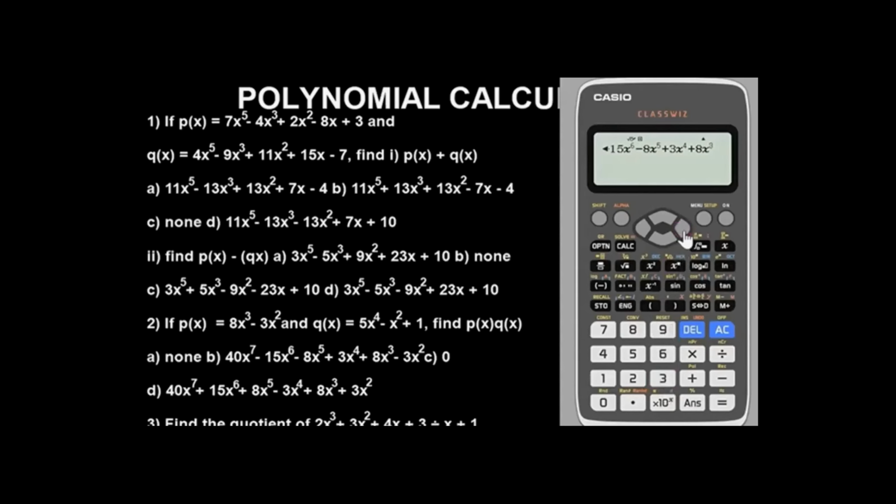Lastly we have minus 3x squared. Okay, that's correct. Let's press equals. We are going to have 4004. That was what we got. Correct. So our answer is what? Option B.